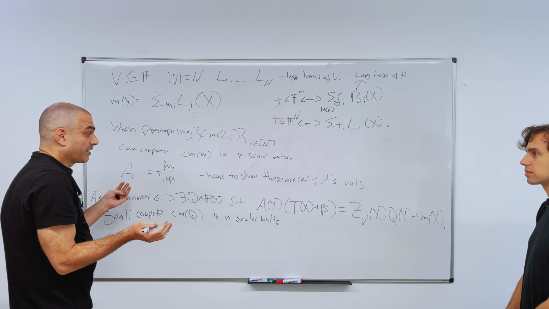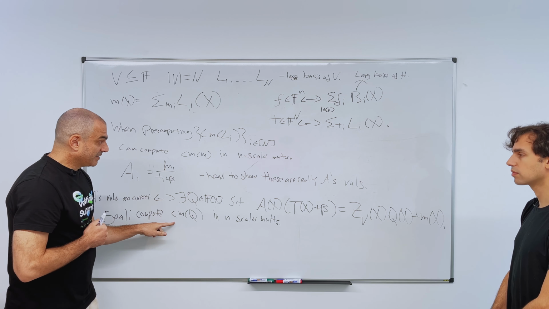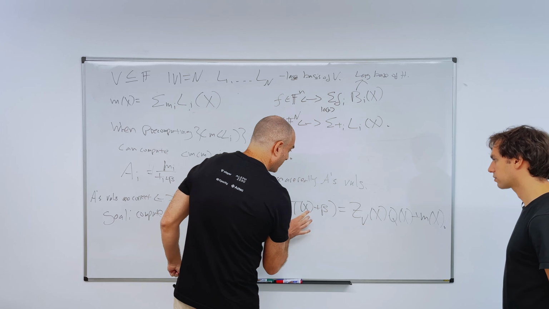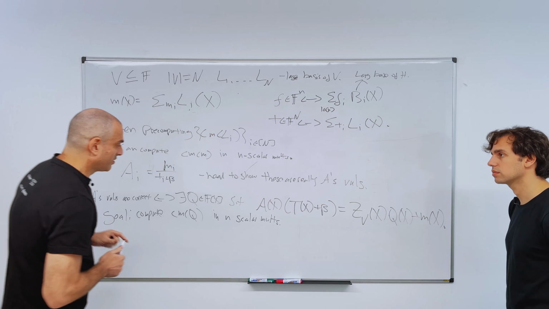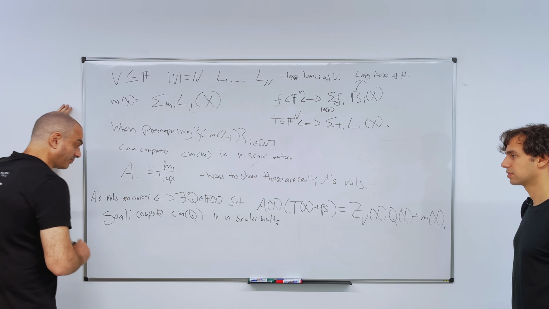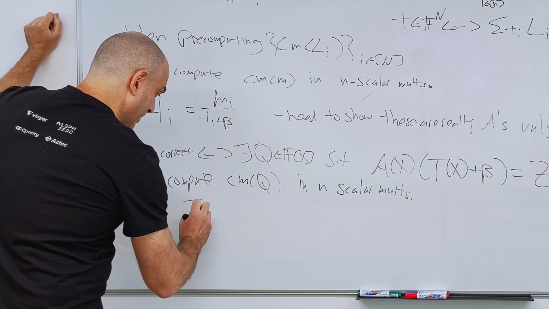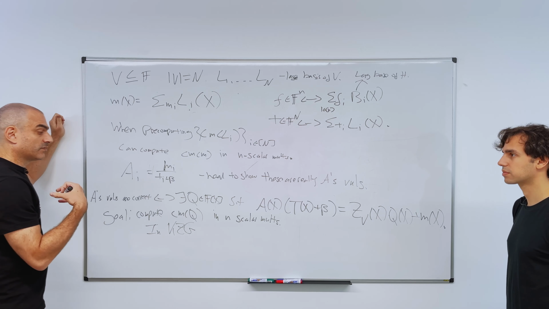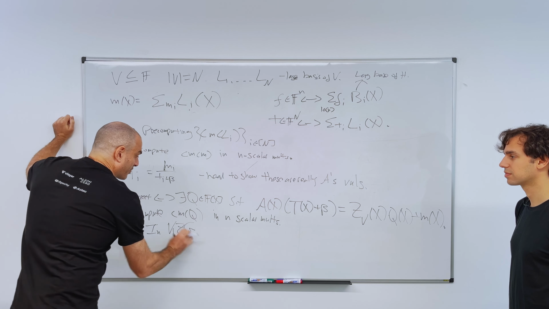But a nice feature of KZG is that checking an equation like this can be done directly from commitments. This is another nice feature of KZG that follows from pairings, from the fact that KZG is pairing based.